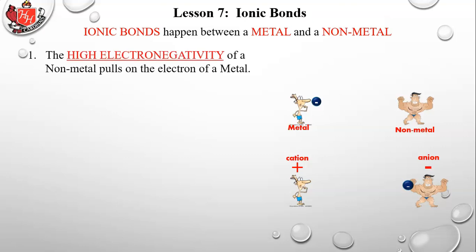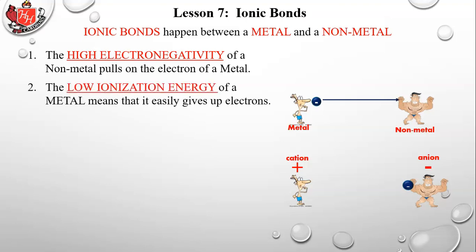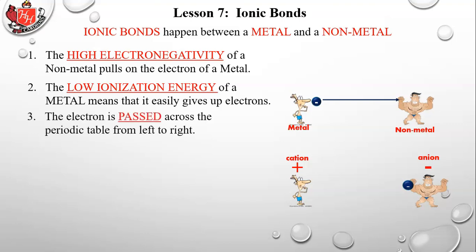The high electronegativity of the nonmetal pulls on the electron of the metal. The low ionization energy of the metal means that it easily gives up the electrons. The electron is passed across the periodic table from left to right. That's just figuratively speaking. Really, the two atoms are right next to each other.